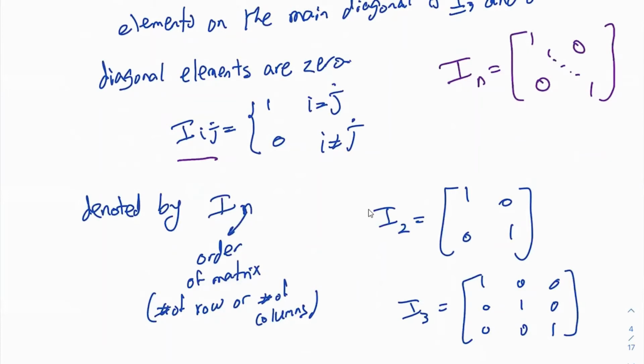So for example, here I have an example of I2, meaning it's 2 by 2, and then we have 2 ones. It's good to know that we have n ones in I n, only the elements on the main diagonal. In I3 we have 3 ones, and it's defined like that.